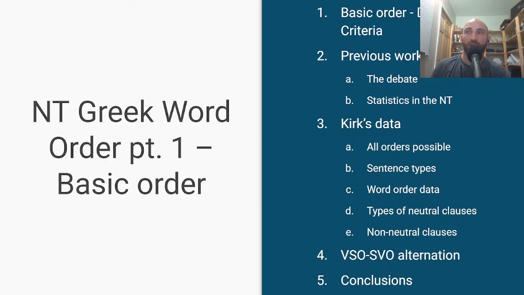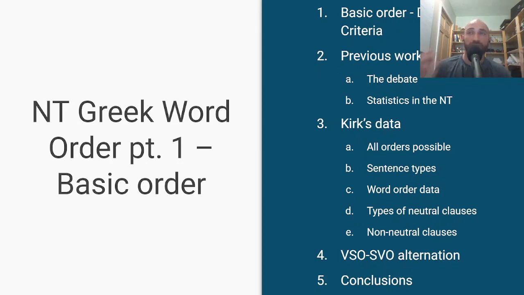Then we said that there is this handful of clauses that are non-neutral. So we looked at O initial, SOV, and SVO, and all the contexts in which those occurred where it was clear that there was some sort of pragmatic marking or some sort of context that might trigger a pragmatic meaning to one of the constituents.